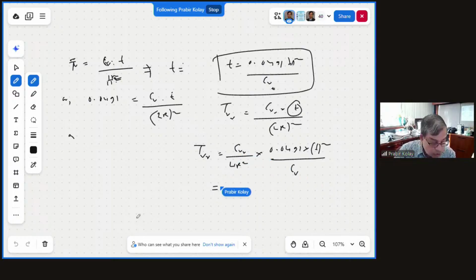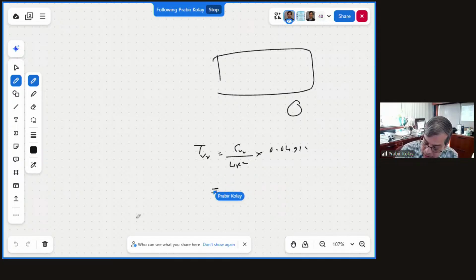So TVR you can calculate from here. Ultimately, if you calculate this, you will get TVR is equal to 0.154 times CVR divided by CVZ.